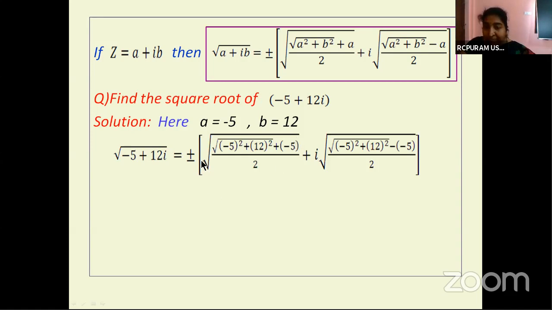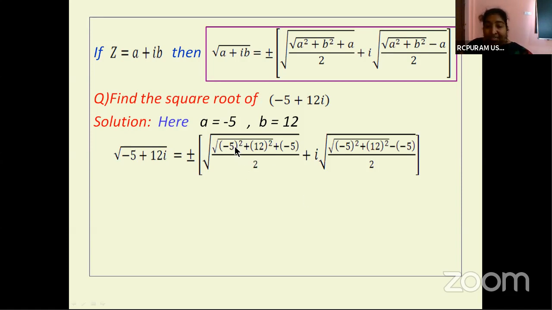Don't get confused. There is a square root for the total term including numerator and denominator, and in the numerator, under the root, you have another root which is for only a square and b square, children. Please try to understand this and remember. The square root which is outside is covering the total fraction, and the one inside is taking only a square plus b square in the numerator.